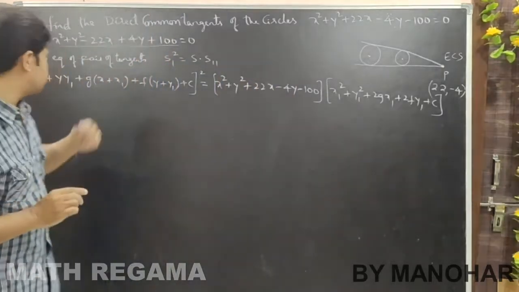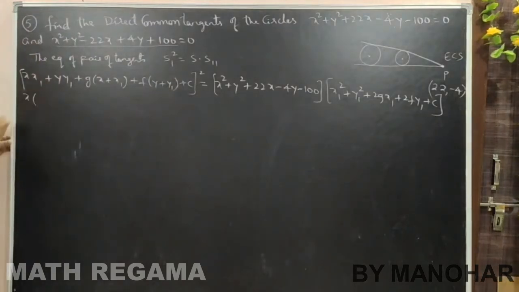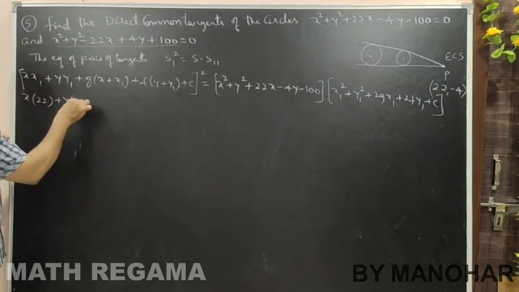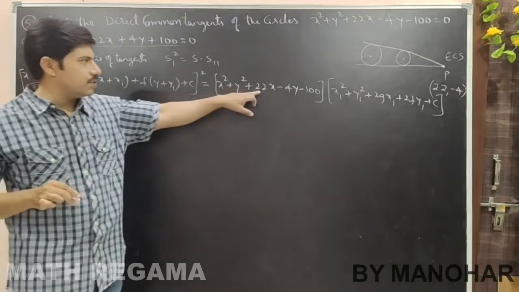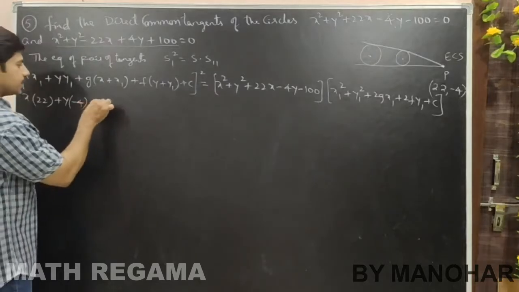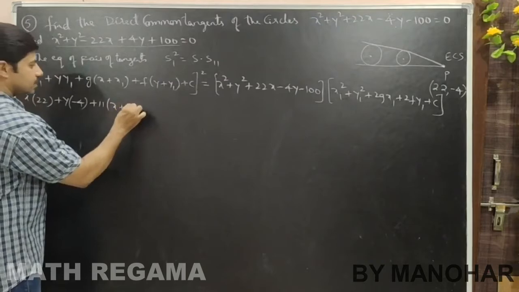Okay. Now we'll substitute. So x into x1. What is x1? x1 is 22 plus y into y1. y1 is minus 4. And g value from the equation of circle which we took is 11. So g value is 11 plus 11 into x plus x1.